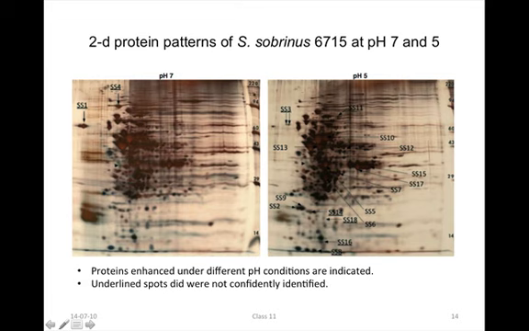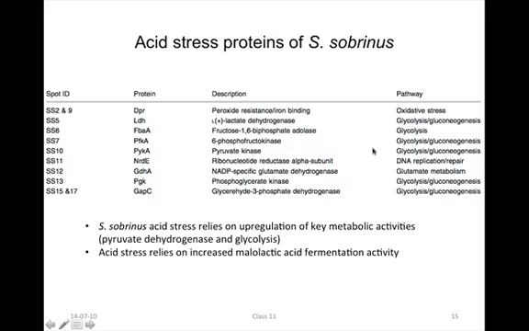I know it looks different here, however, in the paper, they don't confidently figure these out. At pH 5, however, there's a number of proteins that they've confidently identified. In the next table, I show a bunch of proteins that they've confidently identified as being involved in the acid stress response.